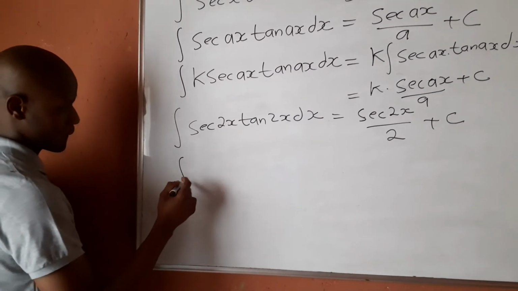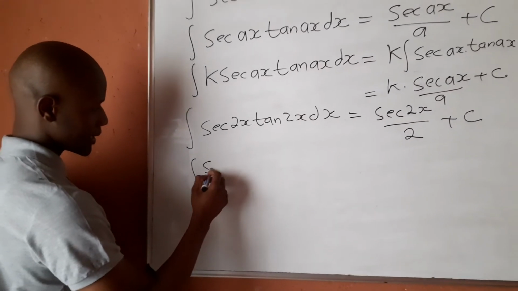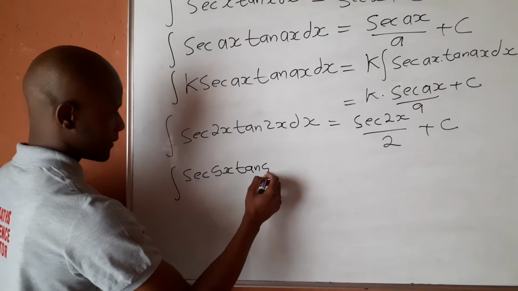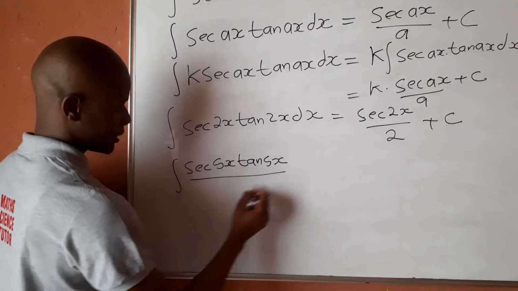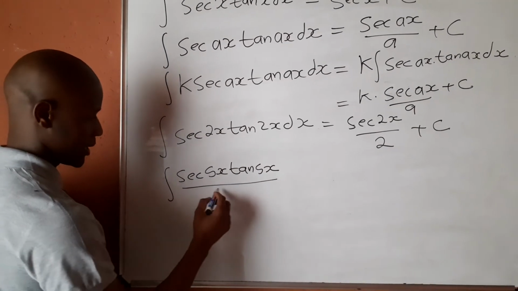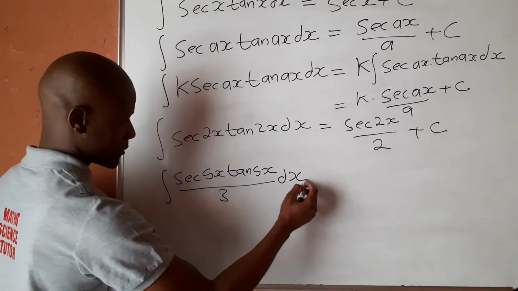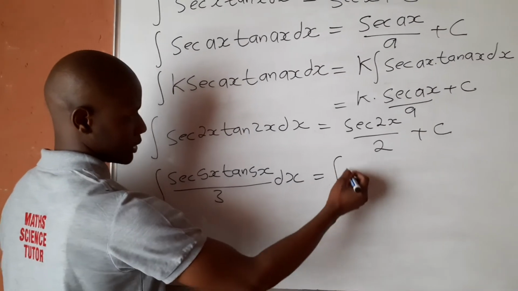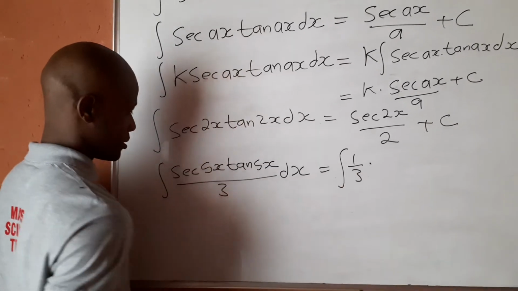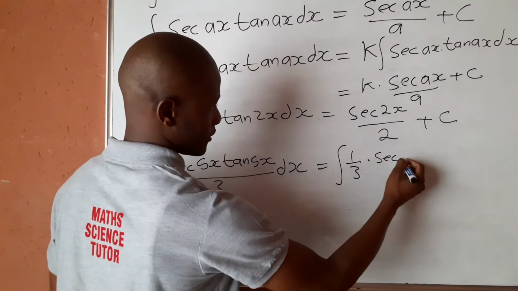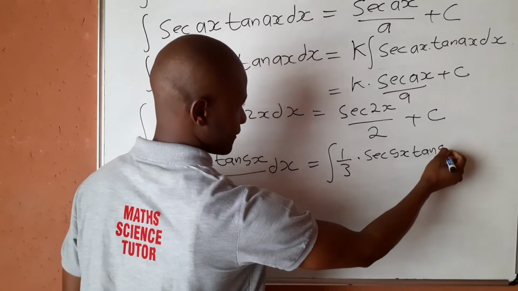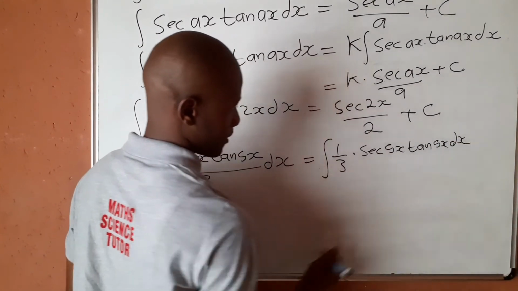Integrate sec 5x tan 5x divided by 3 dx, which is the same as integral 1 over 3 times sec 5x tan 5x dx.